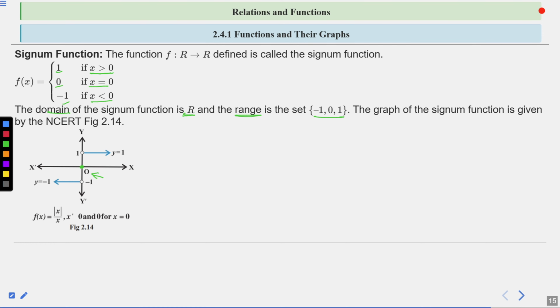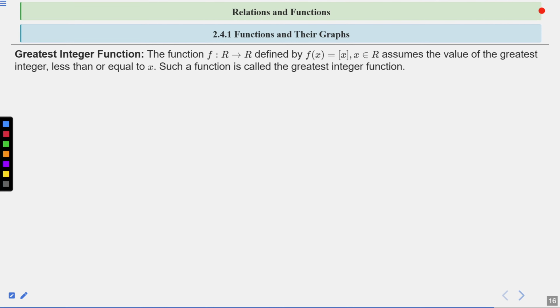So moving to next. Now, greatest integer function, quite important. f from R to R, meaning real numbers to real numbers, defined by f(x) equals, the notation is simply box x.